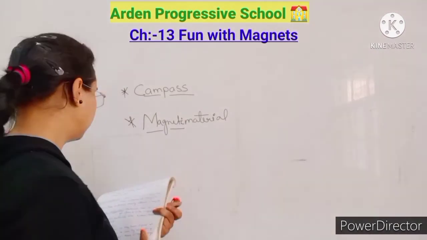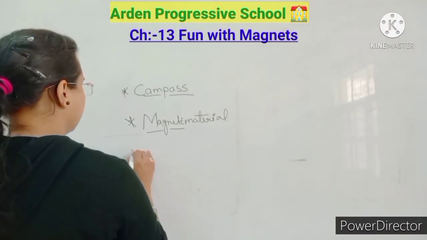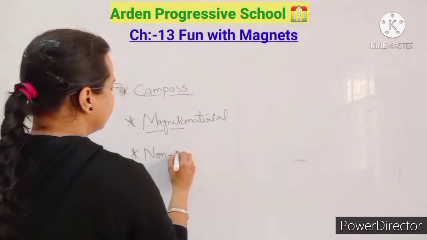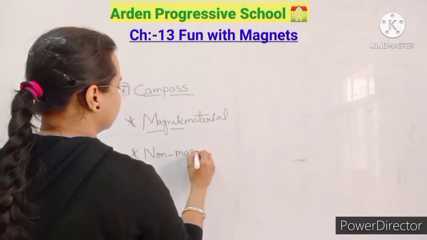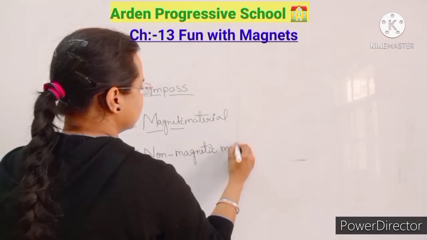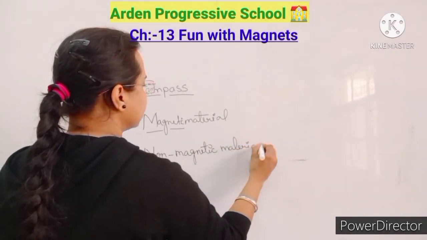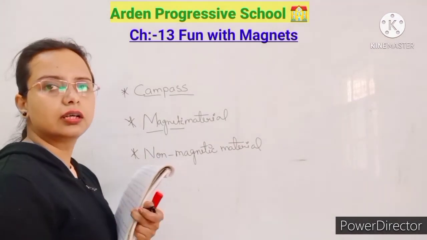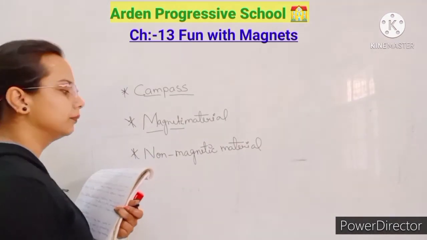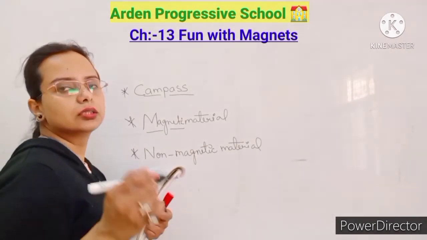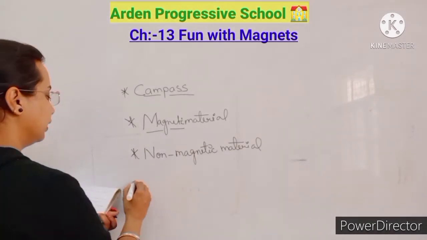Now what are the non-magnetic materials? Non-magnetic materials are those materials which do not get attracted by the magnet, like pen, plastic, wood. So all these are non-magnetic materials.